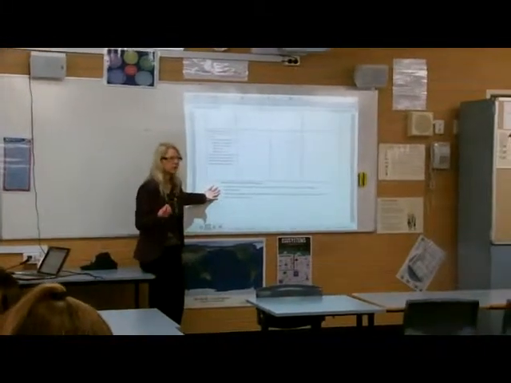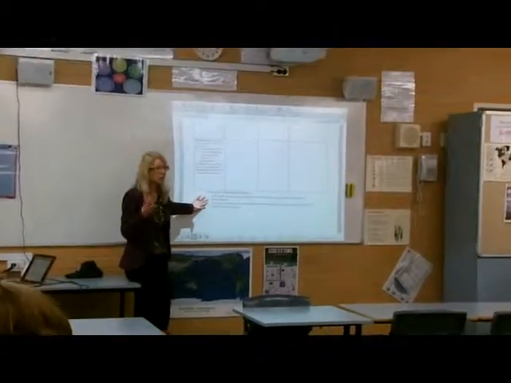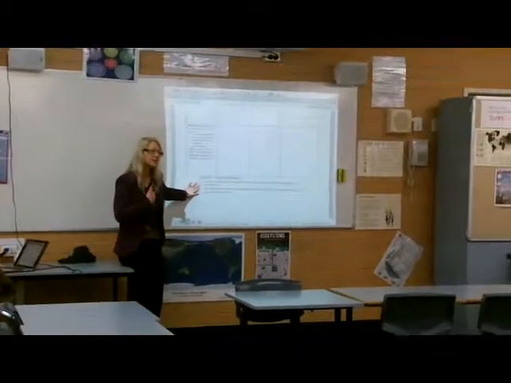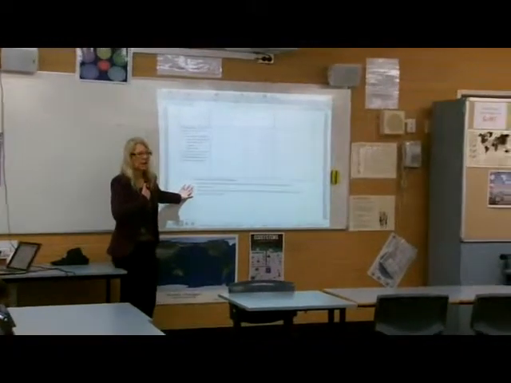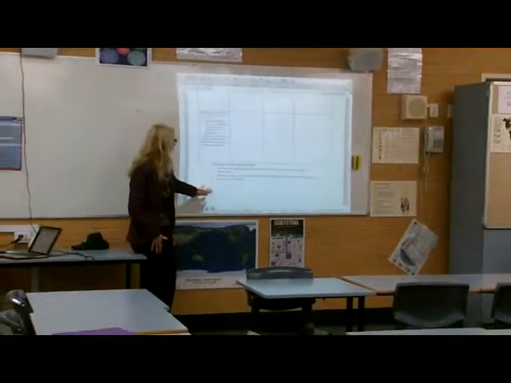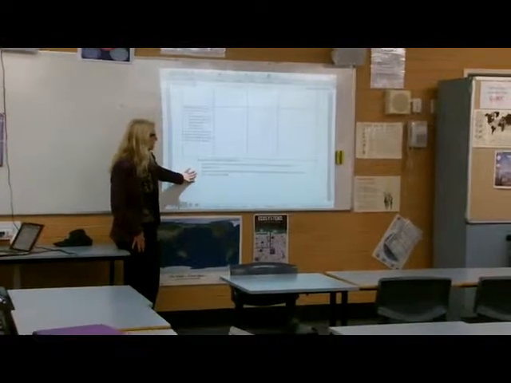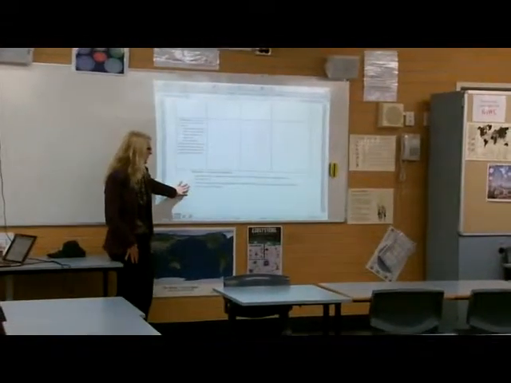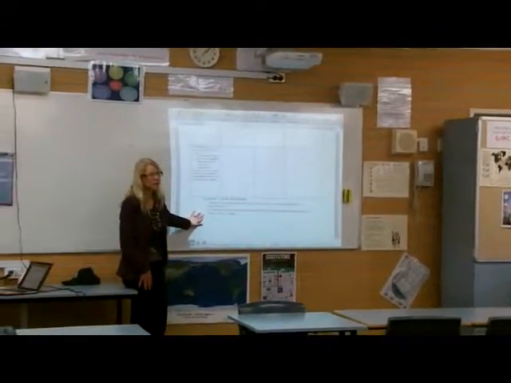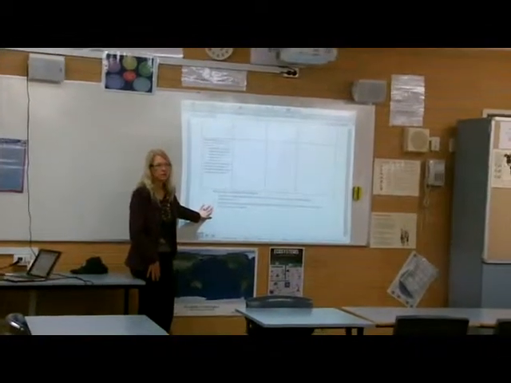So what do you think are the most important? What do you value? And that becomes a value judgment, doesn't it? The things that you value, your beliefs, your morals, your background, your culture, all comes into it. And would you measure human development differently than the Human Development Index? Why or why not? And you need to explain. You need to be able to justify.